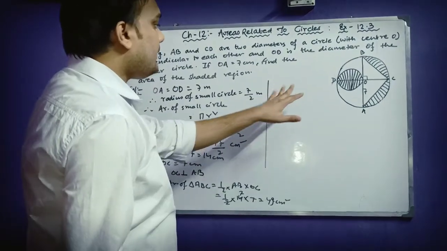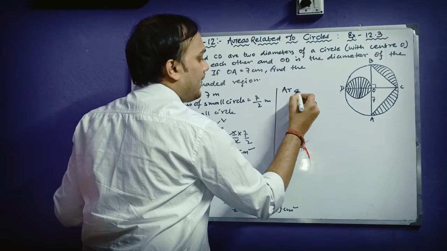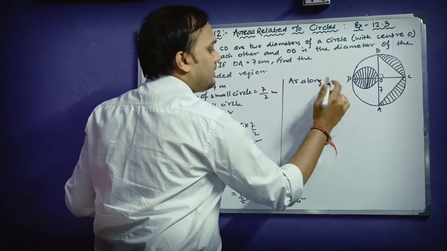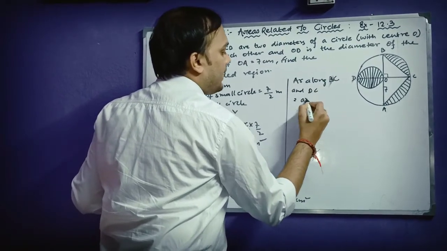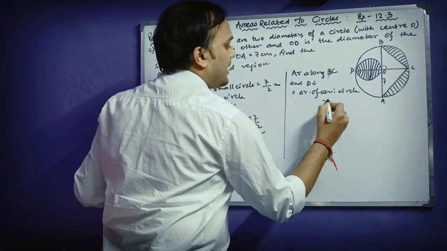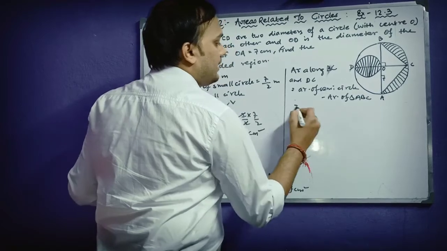Okay. Now here you can see the area along BC and DC will be equal to the area of the semicircle minus the area of triangle ABC. What is the area of the semicircle?